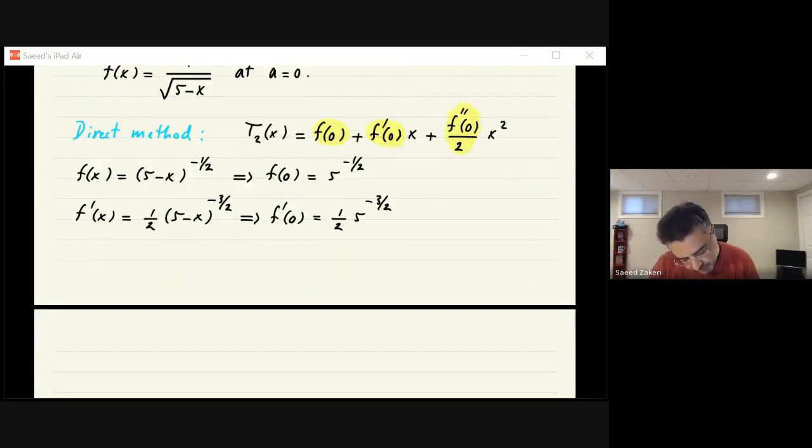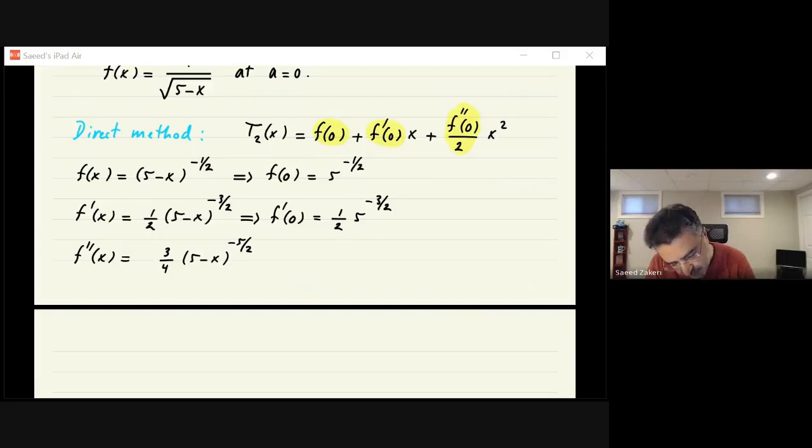And one more time, I also need the second derivative at the origin. So let's take one more derivative. Minus 3/4 times 5 minus x to the power minus 5/2 times -1.